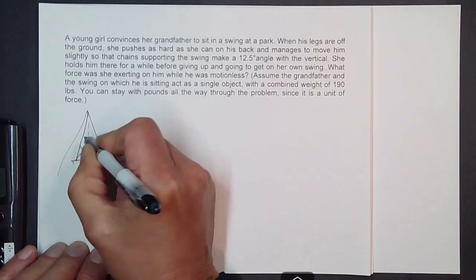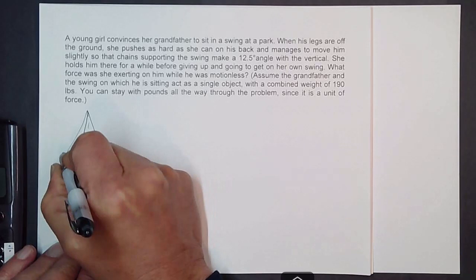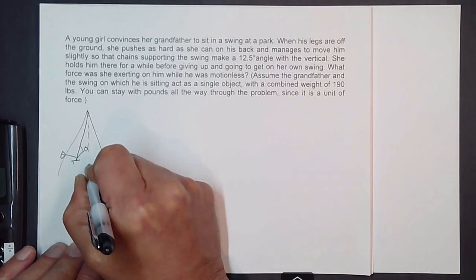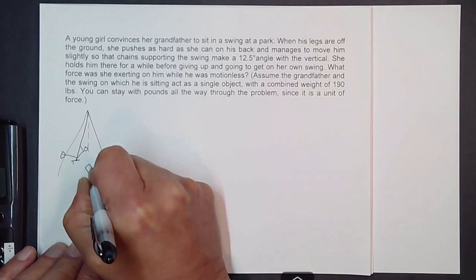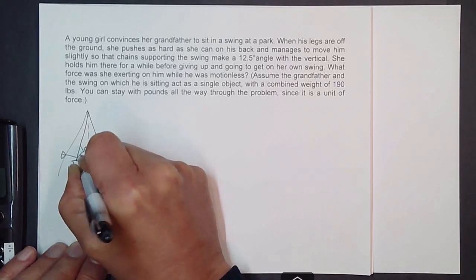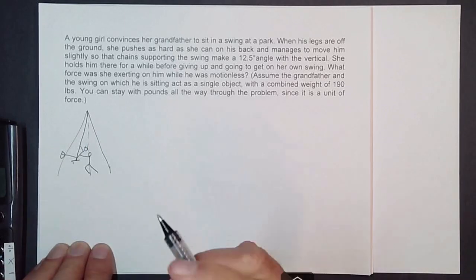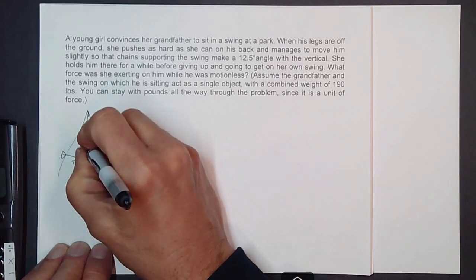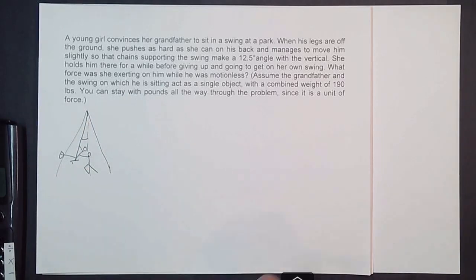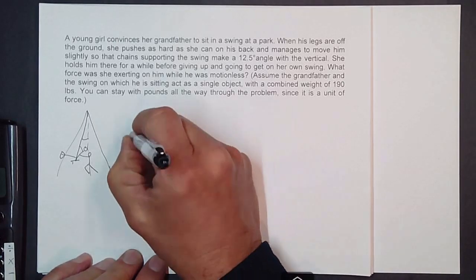Anyway, he's got his hands on there and his feet are sticking out, and down there on the ground is the granddaughter pushing on him. So that's the situation anyway, and this is the 12.5 degree angle.